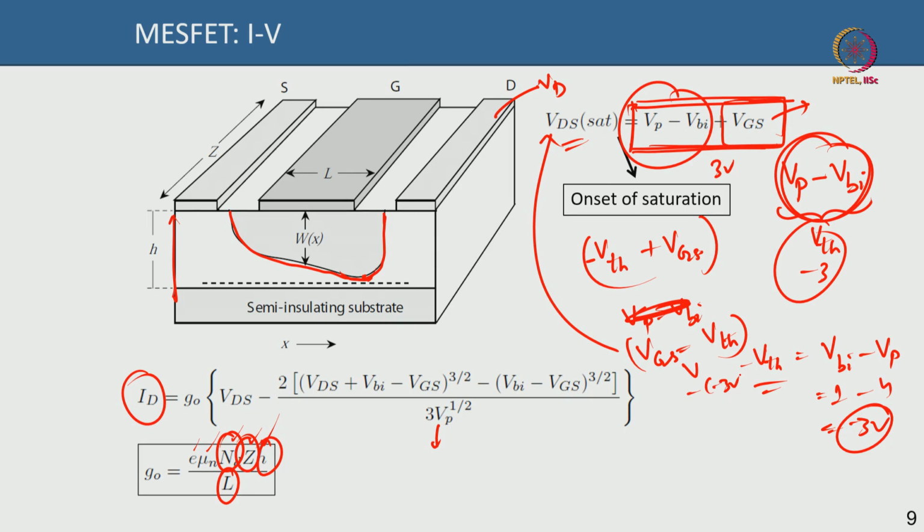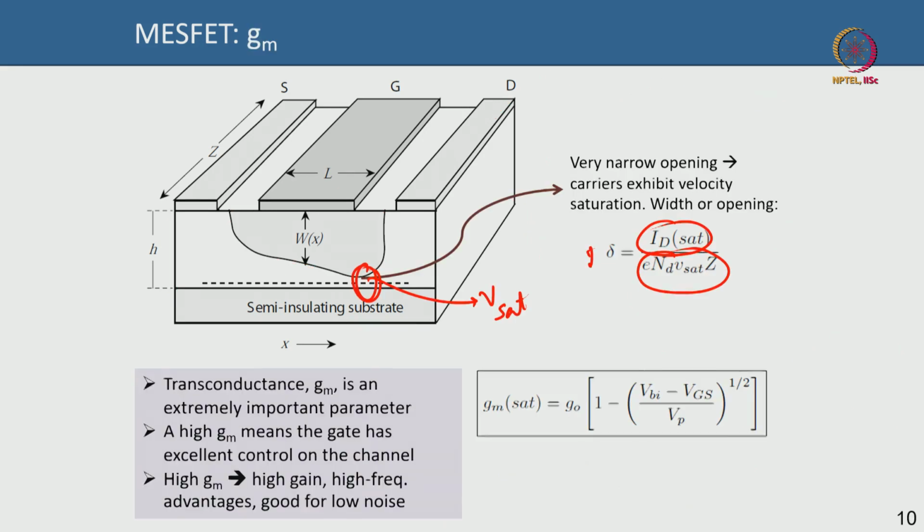So, if the gate voltage VGS you are applying is, suppose, minus 0.5 volt, then the drain current will saturate at a corresponding drain voltage of minus 0.5 plus 3, which is equal to 2.5 volt. If you keep it at minus 1.5 volt, then it will be at 1.5 volt. So, the more negative the gate voltage is, the smaller is the drain voltage at which the saturation happens, which is precisely what is shown here.